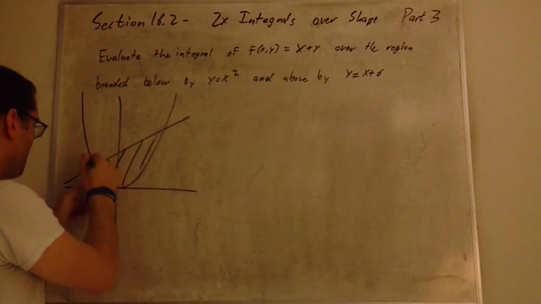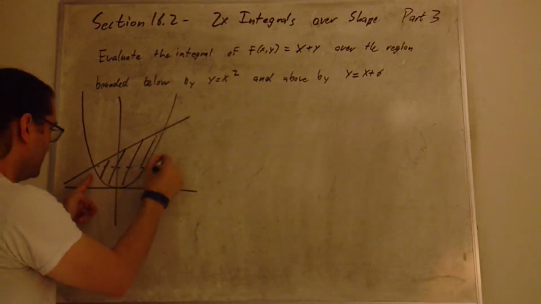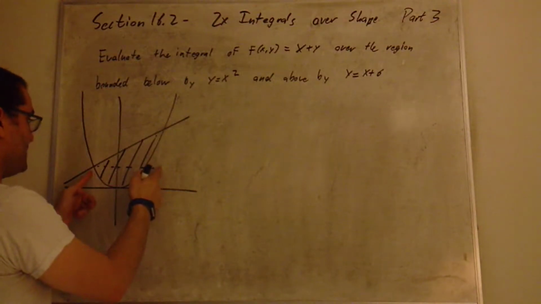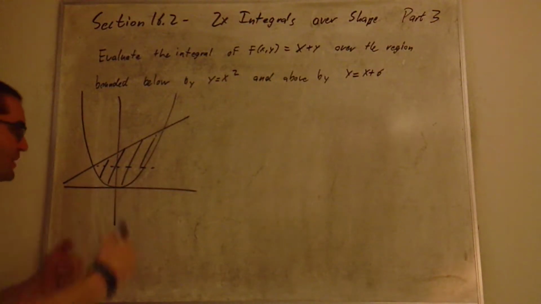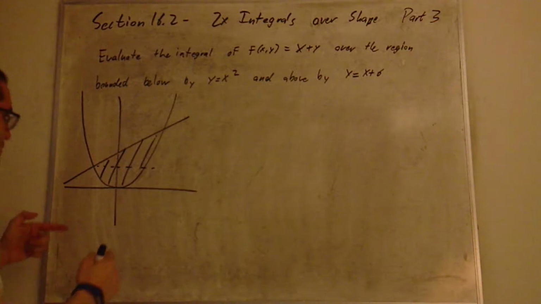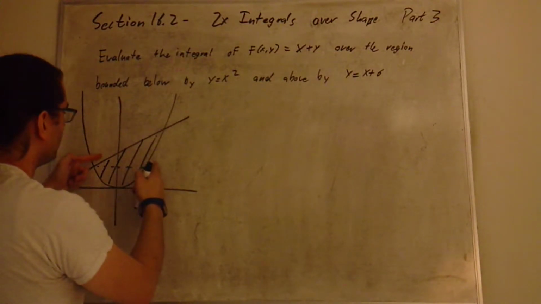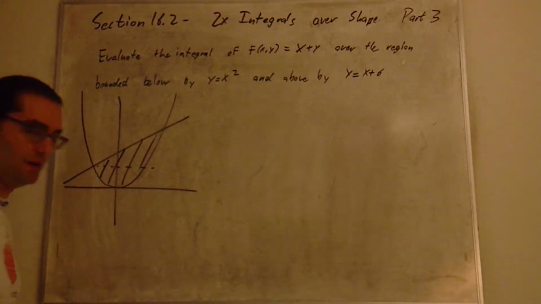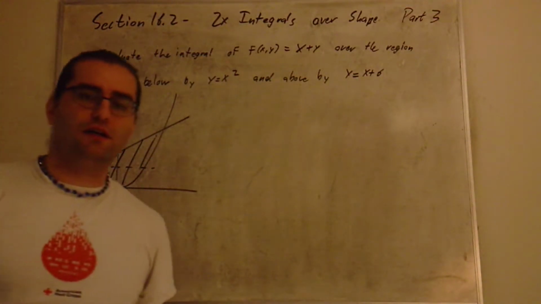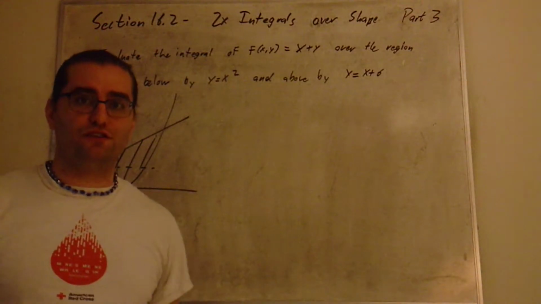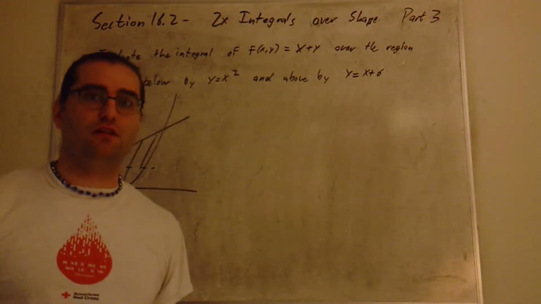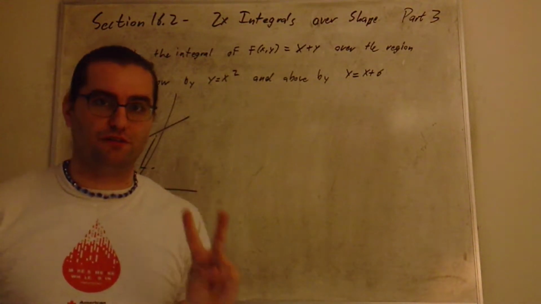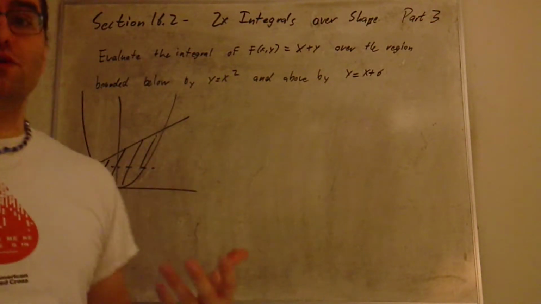And then at this y value right here, I don't know what y value this is, but at this y value, you're going to have to switch to a second integral and go from the straight line to the right half of the parabola. And I'm going to assume that you don't want to do any double integrals, let alone doing two double integrals. So we're not going to slice it horizontally.